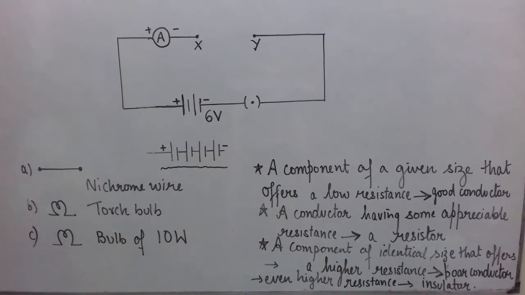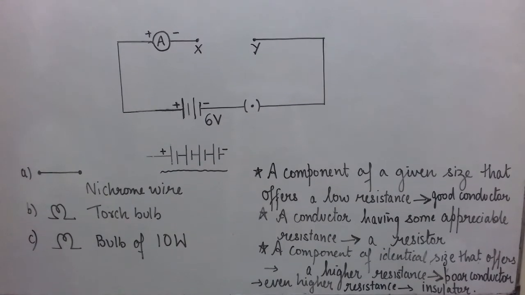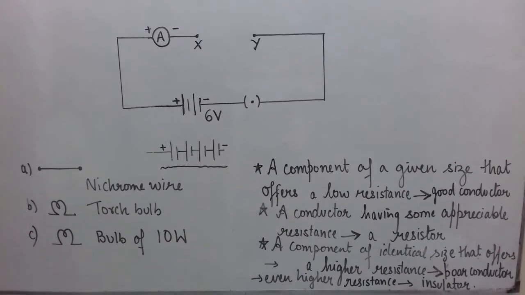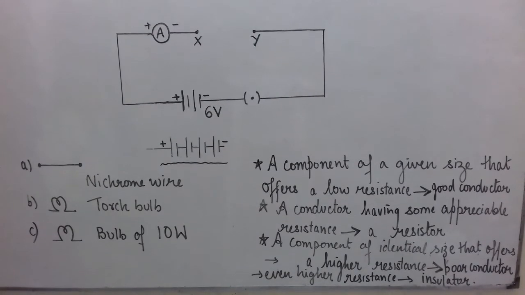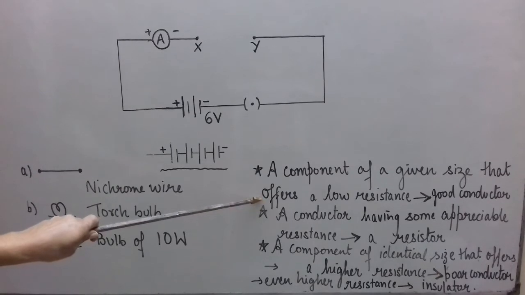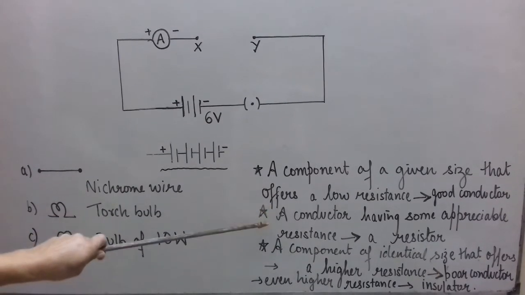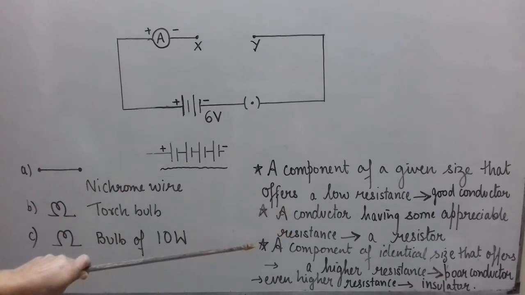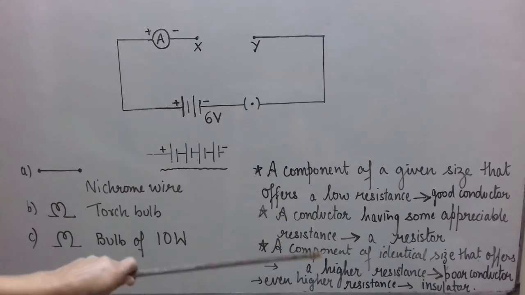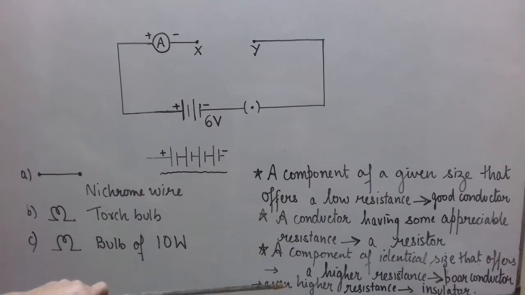So when you have different components of the same size and their resistances are different, you can compare their resistances: one having very low resistance is a good conductor, having some appreciable resistance, more than this, is a resistor, having higher resistance is a poor conductor, even higher resistance is an insulator.